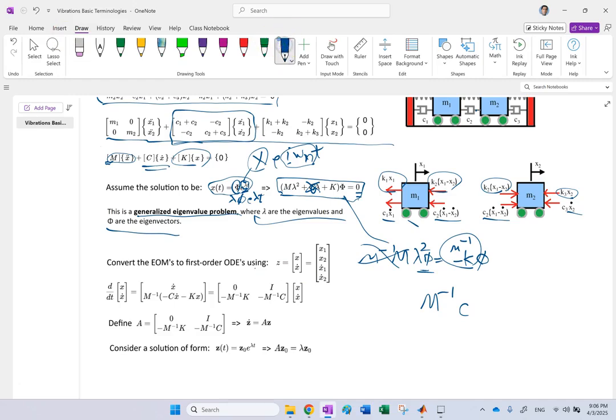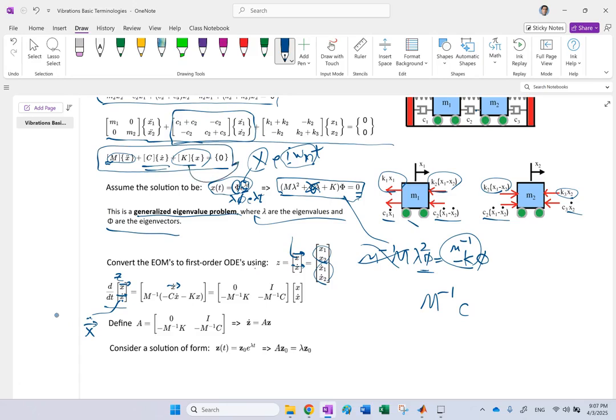So here I look at the time derivative of this z. So I'm looking at z dot. Well, because z is x vector and x dot vector, and here this x is like x1, x2, and this x dot is like x1 dot, x2 dot. Okay? Then the time derivative of that will be what? Well, the time derivative of x is x dot, as we know, and the time derivative of x dot, which is x double dot vector, is going to be what? Well, all I need is to solve for x double dot from this equation here. How do I solve?